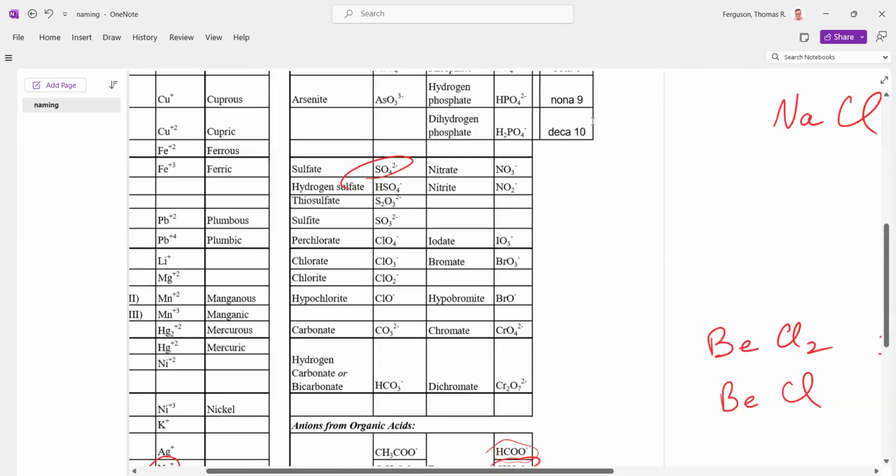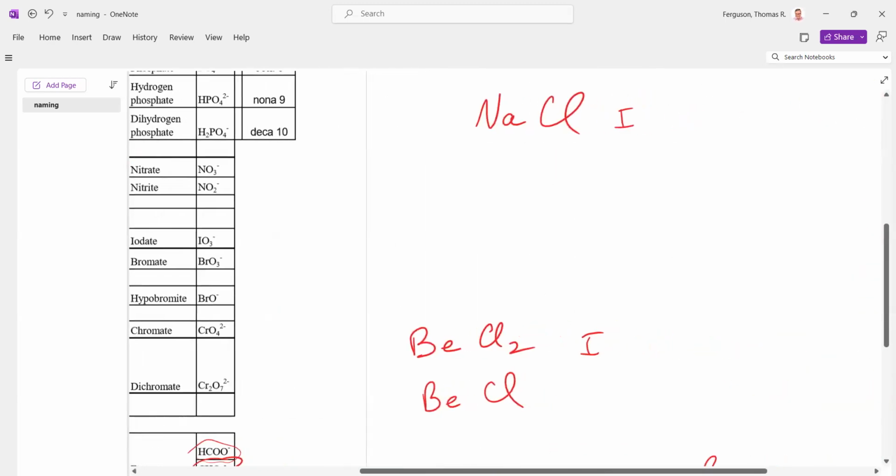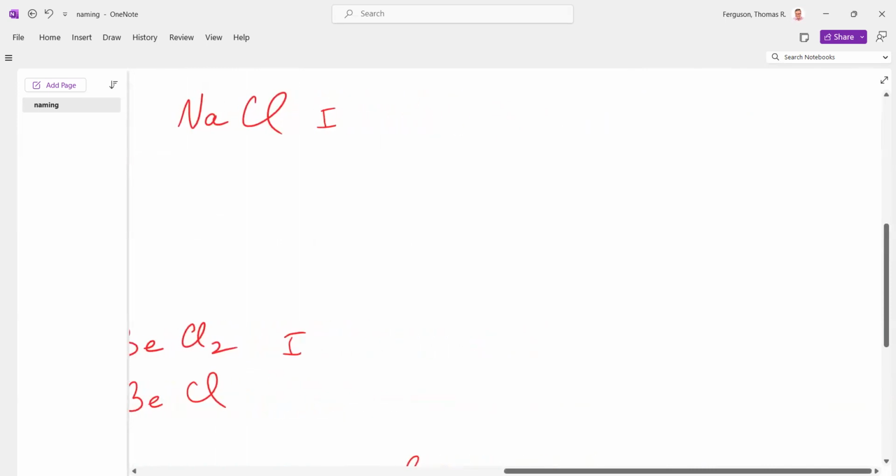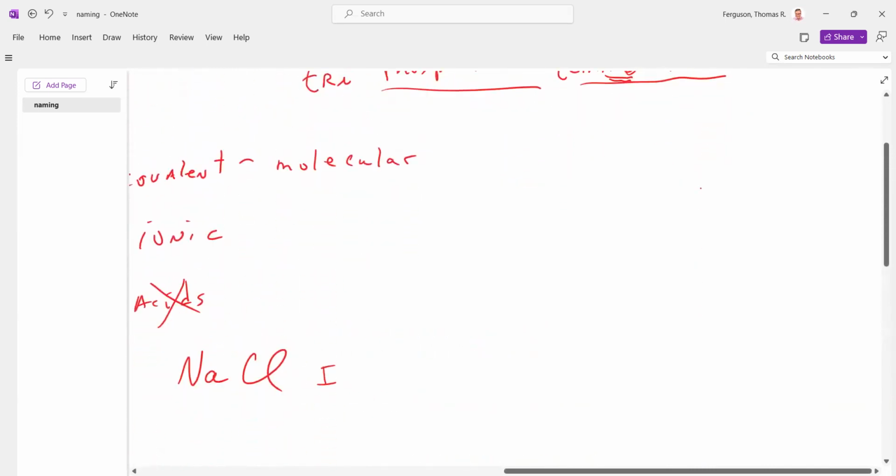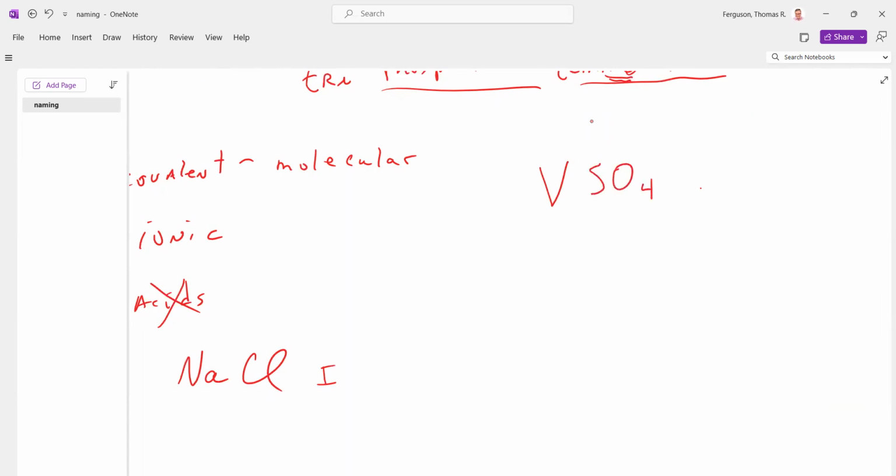Okay, let's name this. So first of all, is it ionic or covalent?